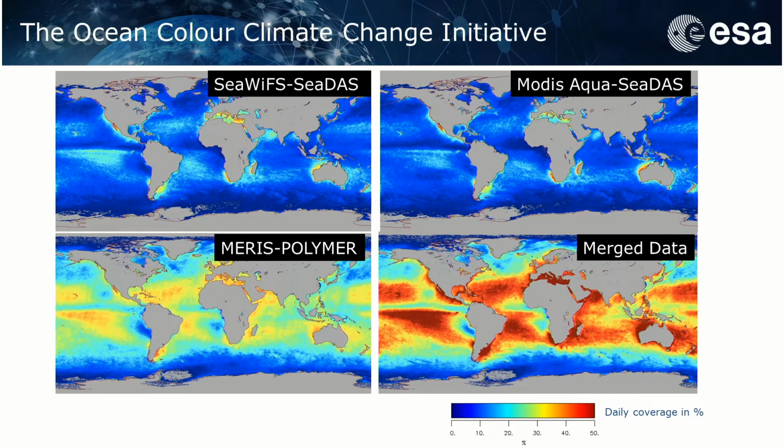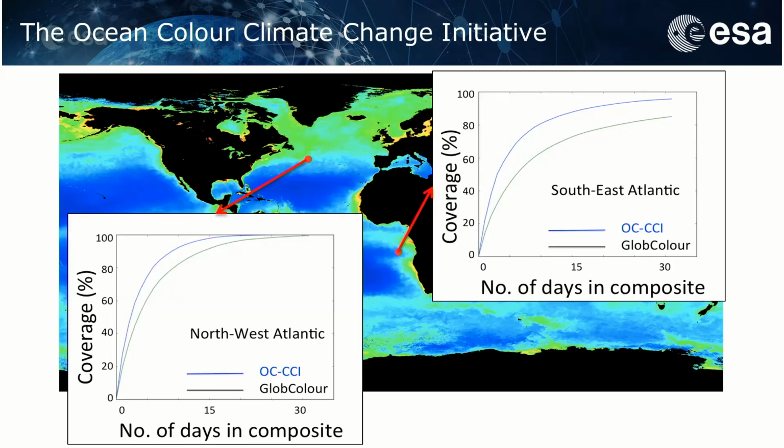It has an ability to work well in sun-glint regions, for example, and significantly improve the coverage. So you get an idea of how much daily coverage we have with our merged product. You can immediately see in this image atmospheric features, for instance regions of the ocean which are very cloudy, and regions which aren't very cloudy, which is why we get very good coverage of ocean colour.